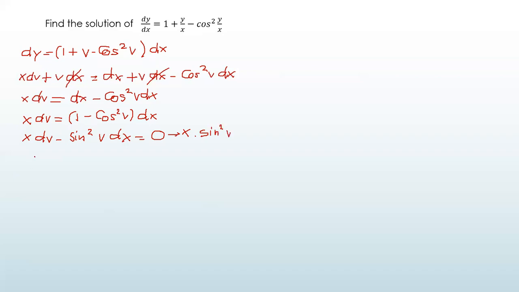So it becomes dv over sine square phi minus dx over x equals 0. Afterwards, give integration like this, and I will simplify this integration.